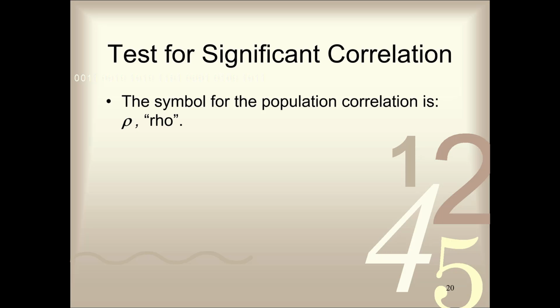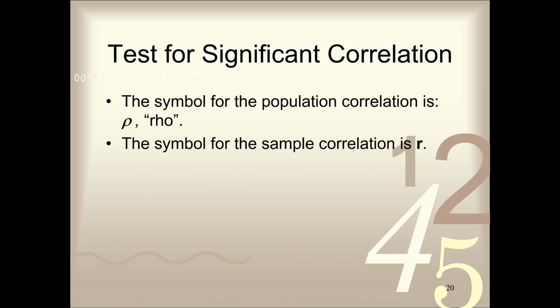Okay, we can test for the significant correlation. Now you don't have to know all the details of this because Megastat actually highlights whether the correlation is significant or not. But it's useful to know that rho is the symbol for the population correlation, and you're actually doing a hypothesis test like we saw in chapters 9 and 10.